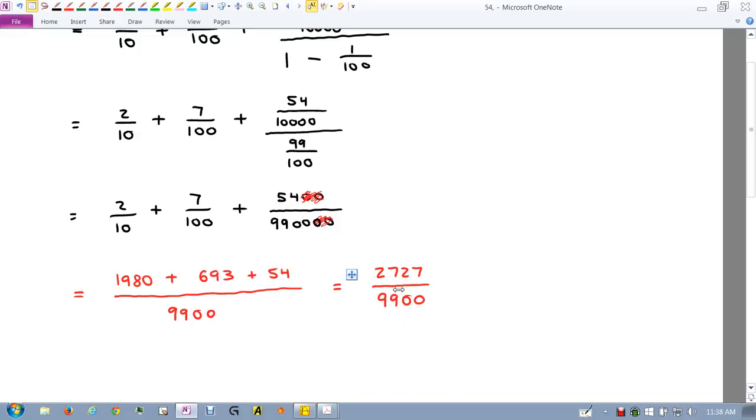All right, type this into your calculator. Get a decimal. 0.275454545454. That's it.